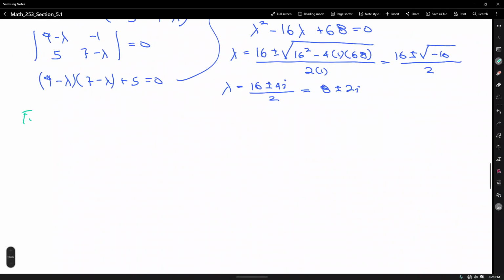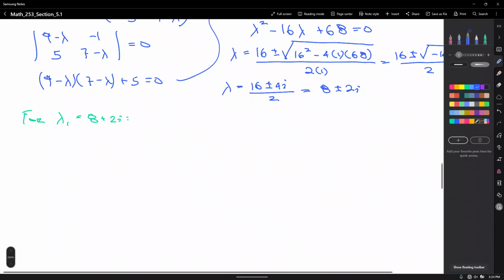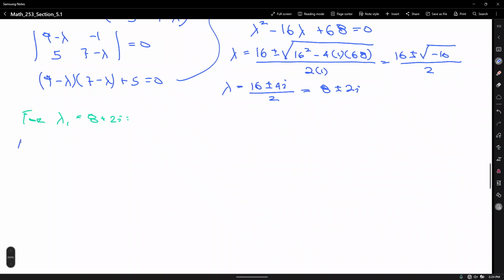So for lambda 1 equals 8 plus 2i, okay, what do we have? A minus 8 plus 2i times the identity matrix times the vector we're looking for, which is the eigenvector. Let that be equal to the 0 vector.